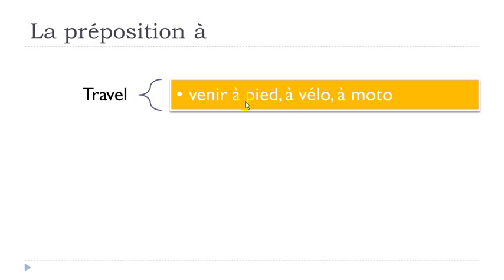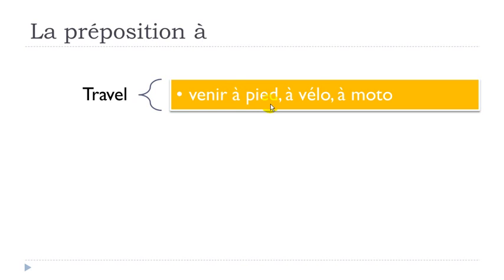So the concept in French is that if you're not inside, so like a car, a train, tramway, subway, so if you're not inside, then normally the concept would be to use this preposition à, okay? When you want to use this come, go, okay, by. So you should use this à preposition, okay?